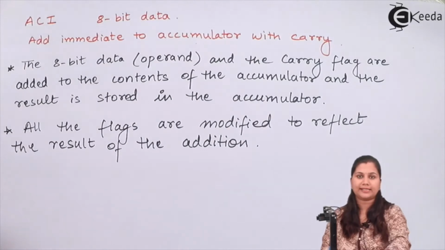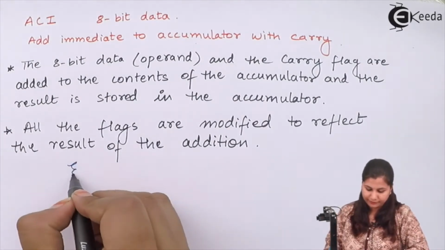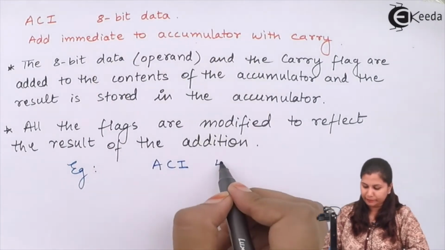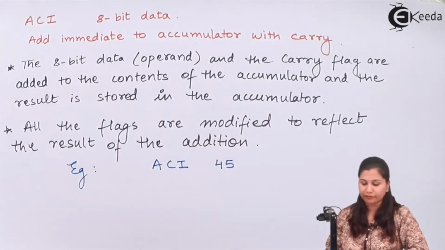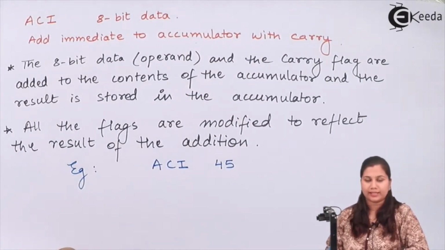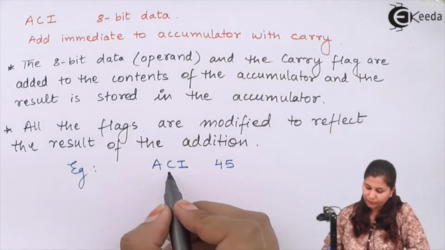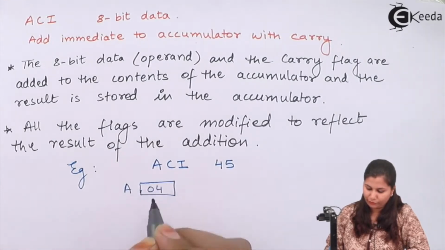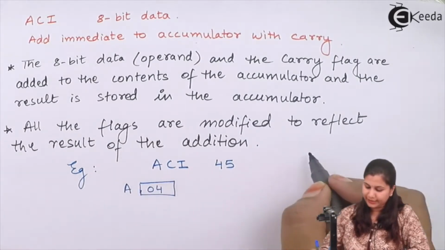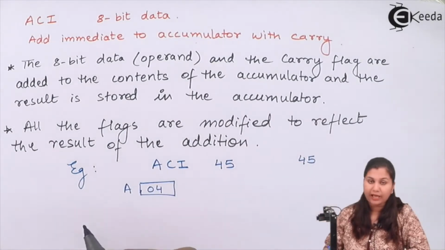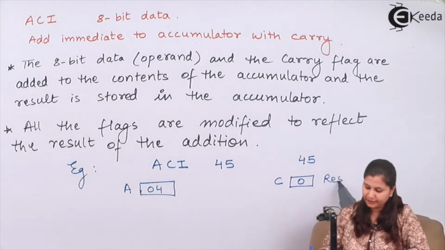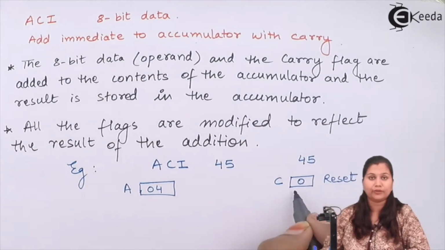Now if we take an example of this instruction, then ACI and an 8-bit data, suppose we have 45. So this instruction can be written in the program to execute it. Now what it will do: suppose in the accumulator we have 4 and this 8-bit data is 45, and suppose the carry flag is reset, that is, its value is 0.